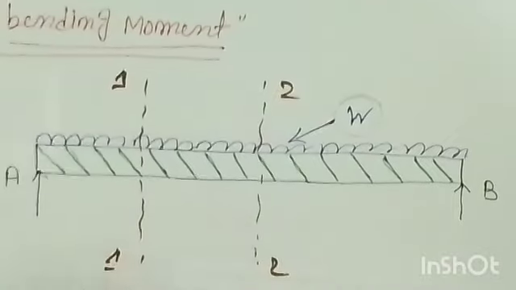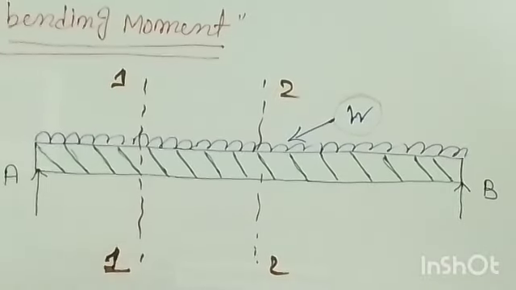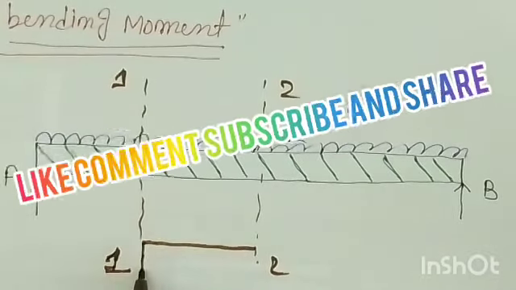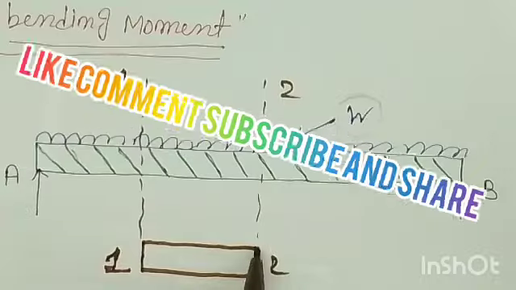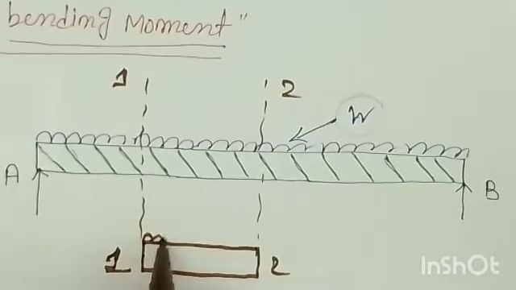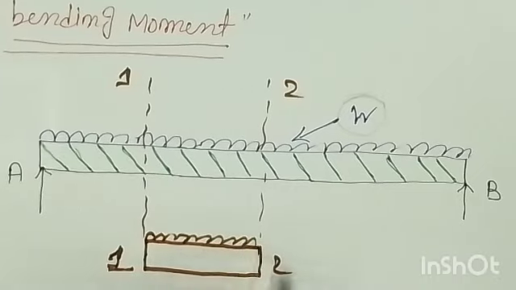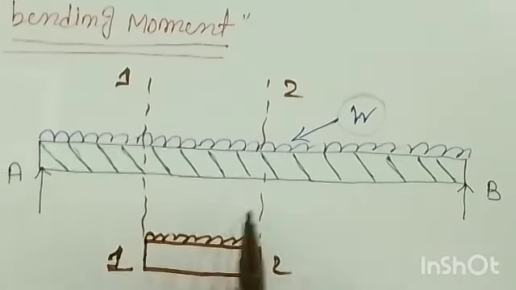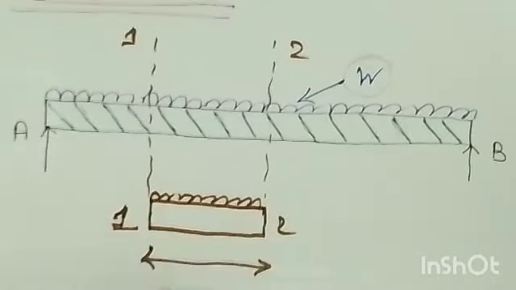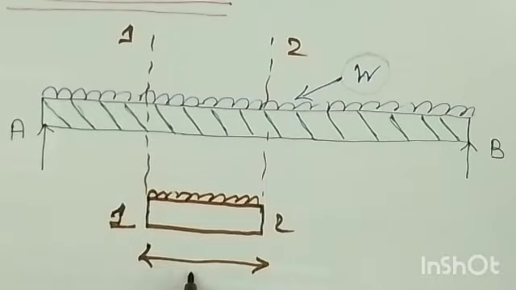The small portion of the beam between them, this much of portion, has the UDL acting over it. Let's say the length of this portion is dx.